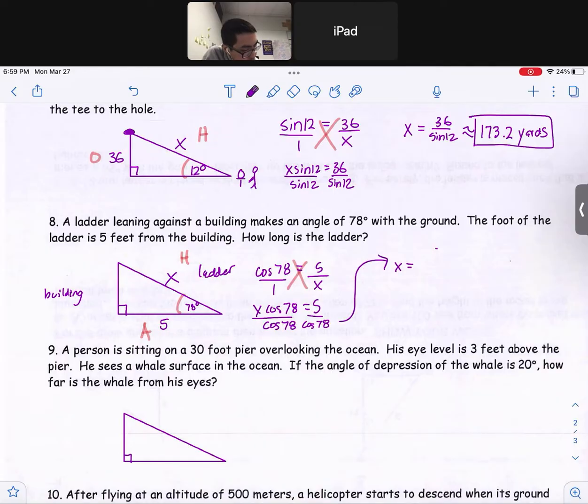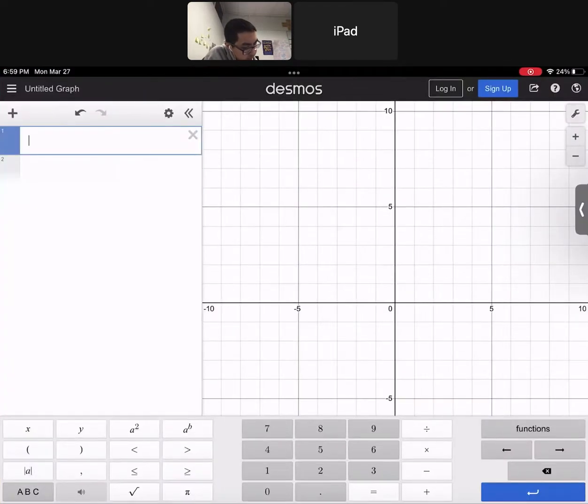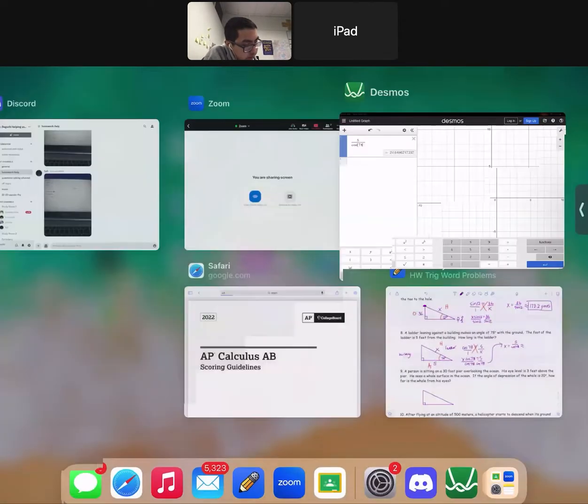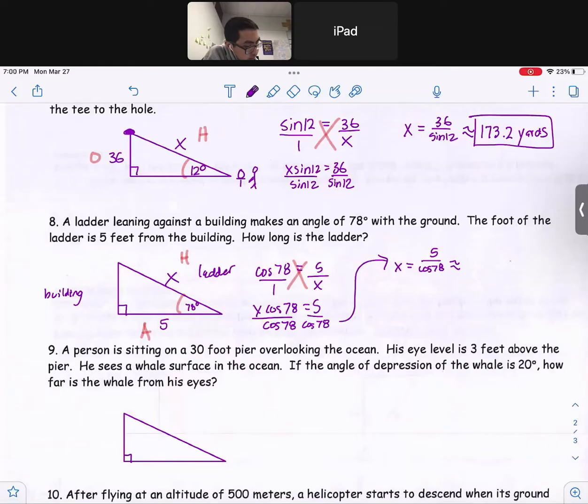X equals 5 over cosine 78, which we need to plug into our calculator. 5 divided by cosine 78. 24.0, if we're rounding to the nearest tenth. 24.0 feet is the length of the ladder.